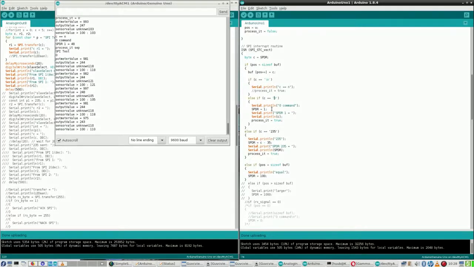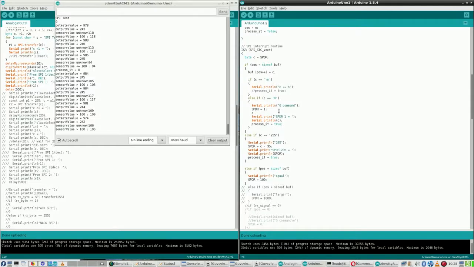Okay, I have to rephrase. SPDR is 1, and here I say C is this. So now I have to say, okay, let's say C, I make this byte CR is SPDR, and then I say alright, C1, now CR.